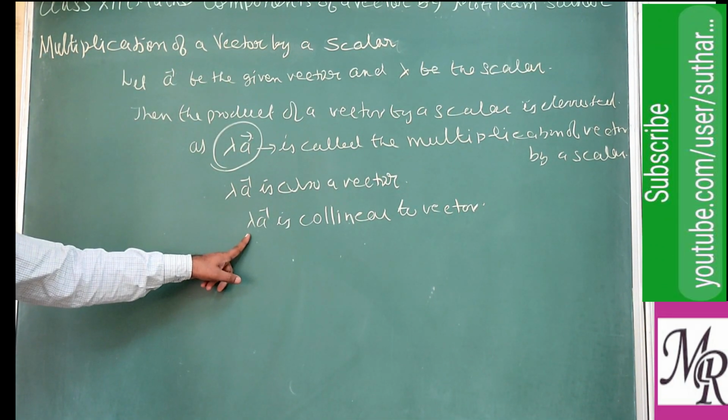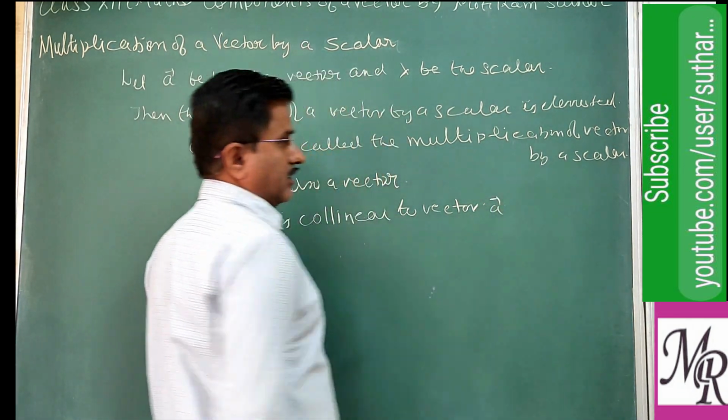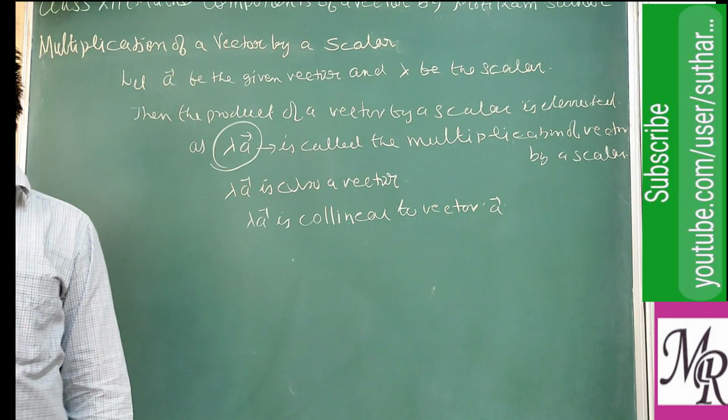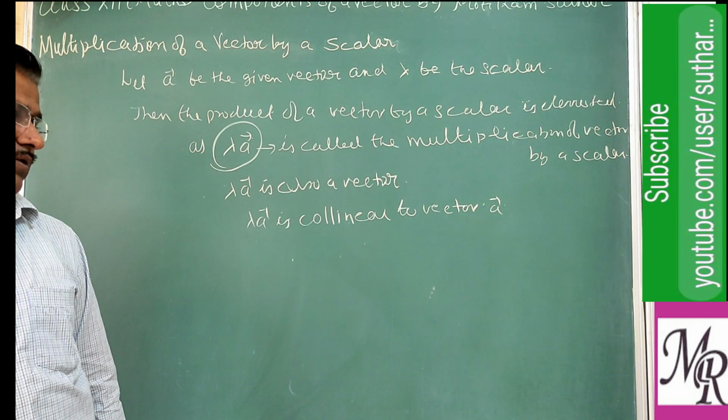So lambda into vector A is collinear to the given vector A.